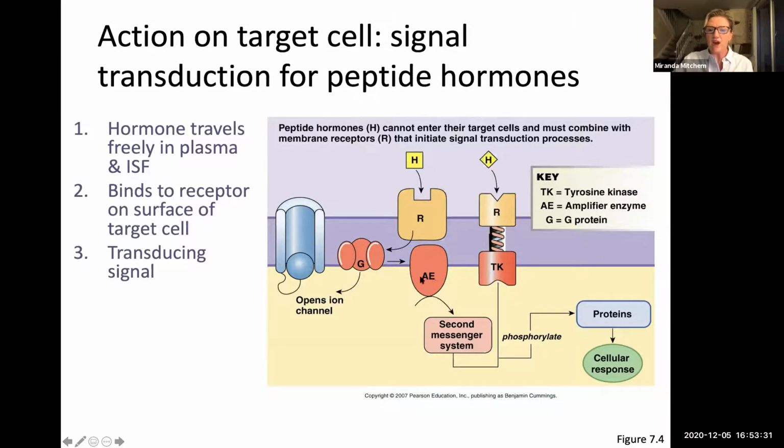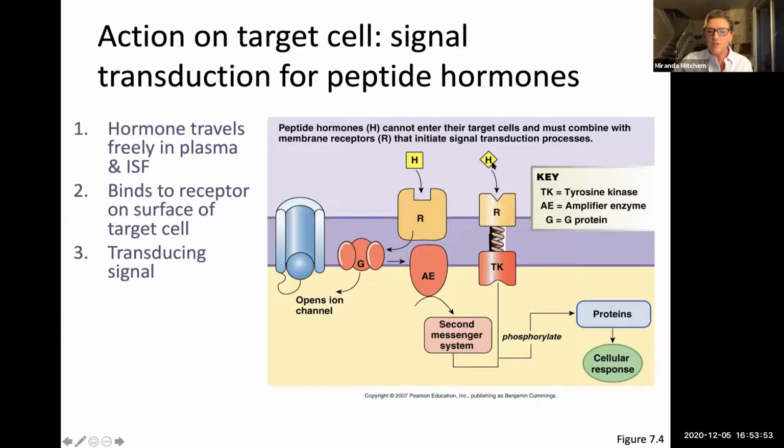The amplifier enzyme, like the name suggests, just makes the signal bigger. And it does this by activating a second messenger system, which then makes the signal even bigger. So we've got two mechanisms of amplification here. We've got our amplifier enzyme and then the second messenger system.